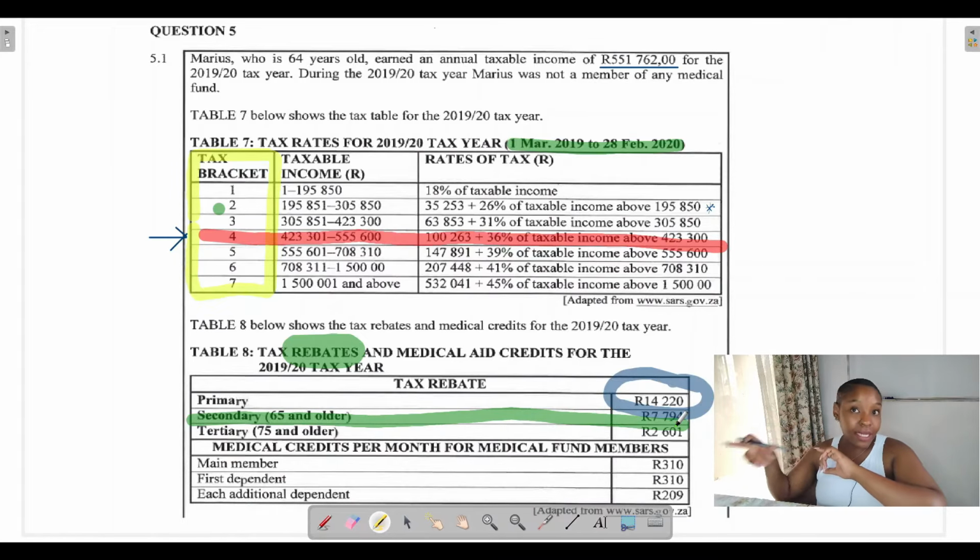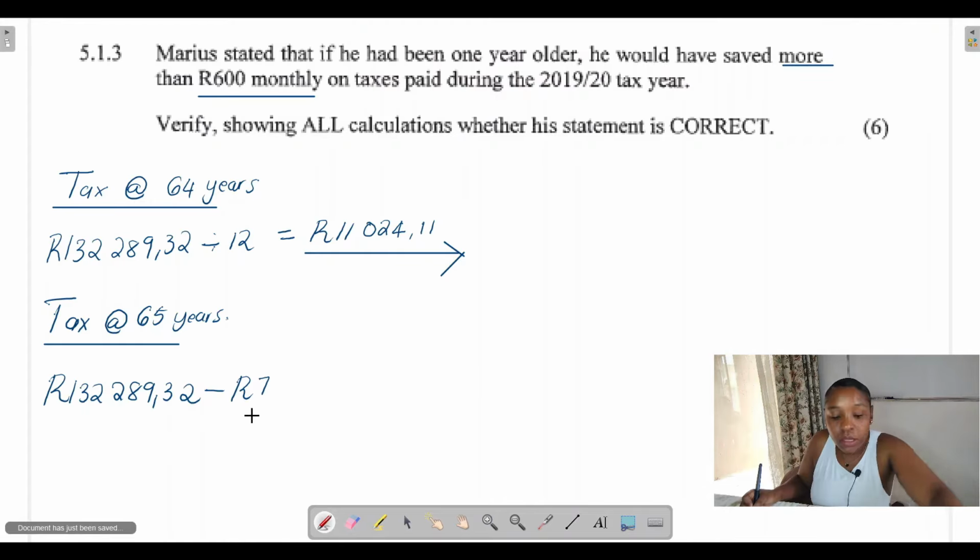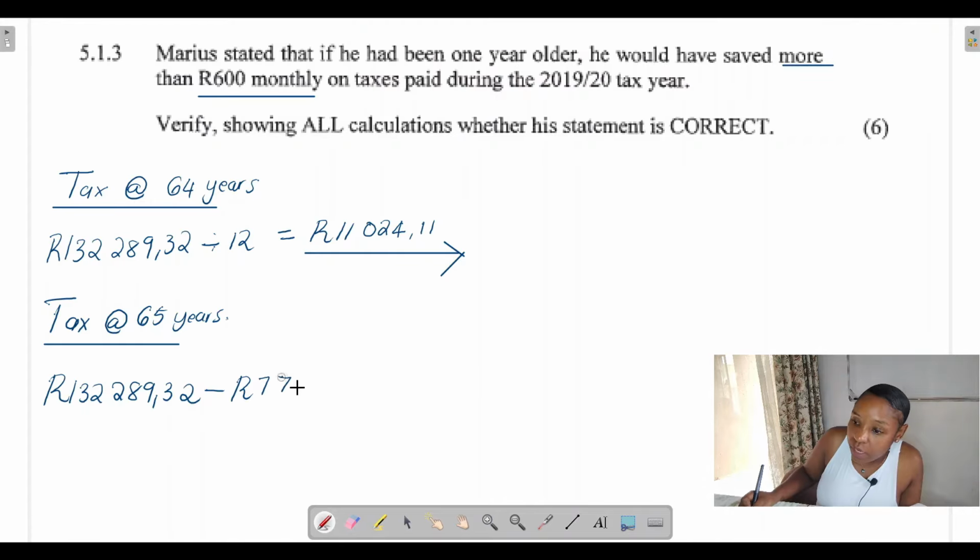We need to minus that amount from 132,289.32.